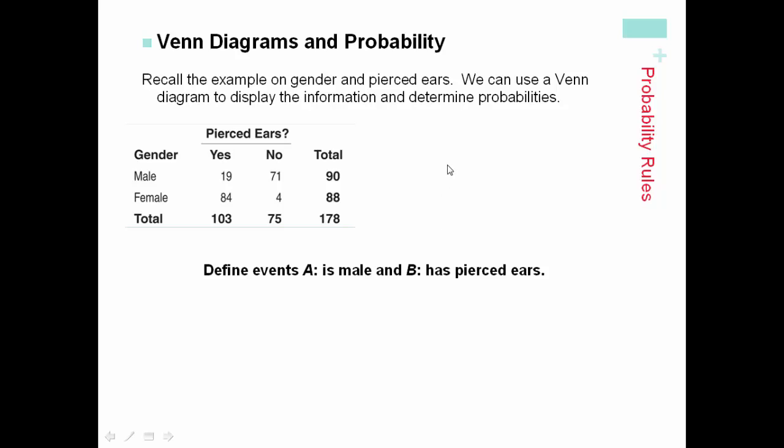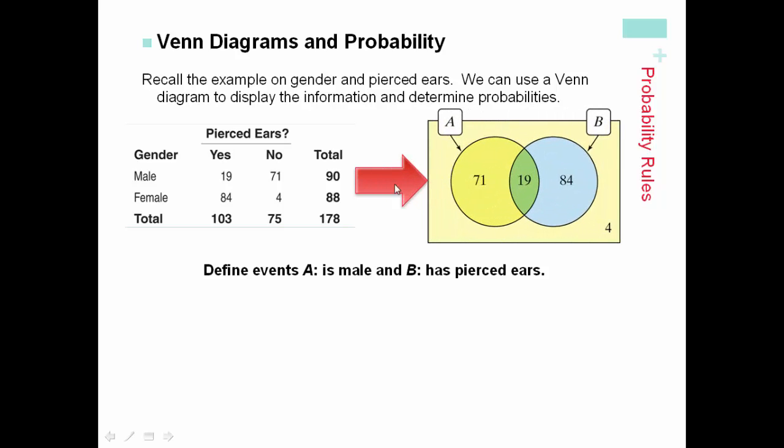Here's a Venn diagram, the same idea as the two-way table in a different format. So we can see where the numbers come from. The 19, which is the intersection, that's this number in the middle. That was this number here. The 71 was the male, that's this part. 84, which is over here. And the 4, which is the female and no pierced ears.